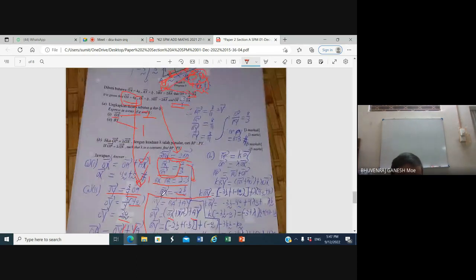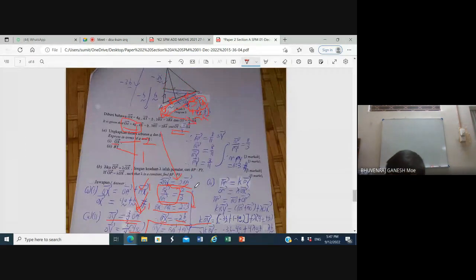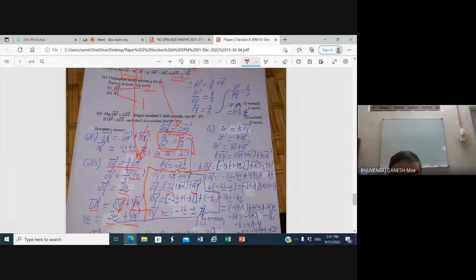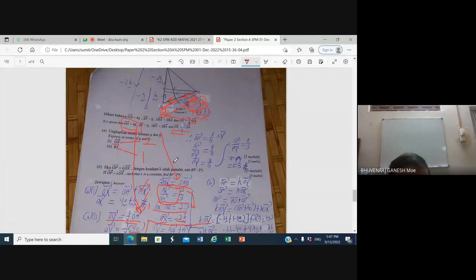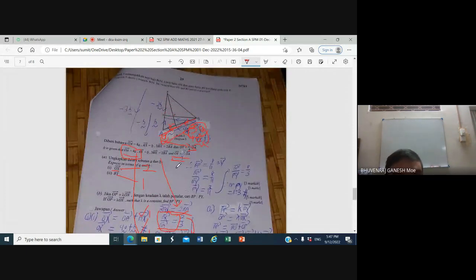So then your BX here, isn't it? So BX is equal to -2B. So you can see from here, right? BX, let me find. Yeah, BX is -2B here. This whole thing is -3B.